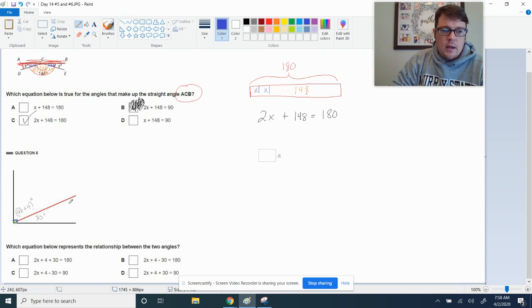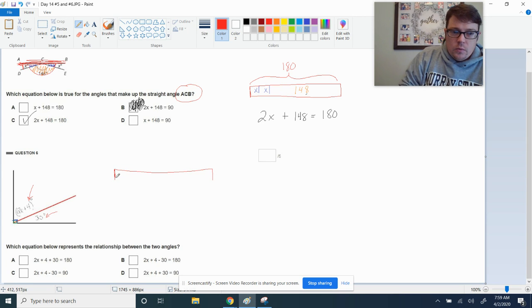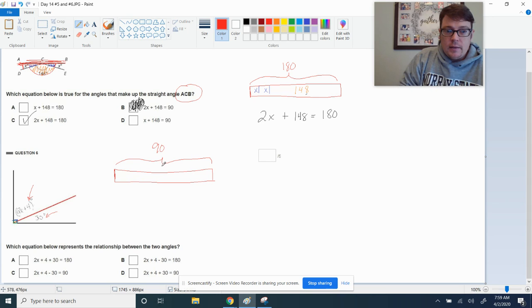And that means that this angle that we're looking at right here, 2x plus 4, whatever that turns out to be, plus 30, which is right here, these two angles add up to 90. So this tape diagram would have a total number of 90. And we're thinking about things inside of that add up to give us the 90-degree total.